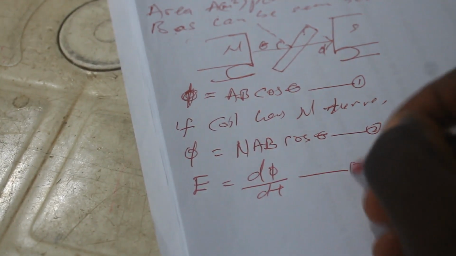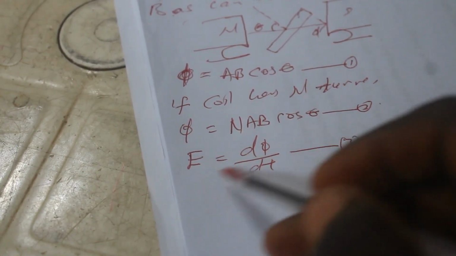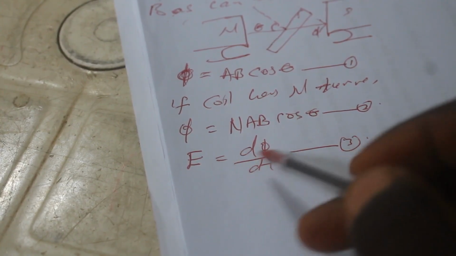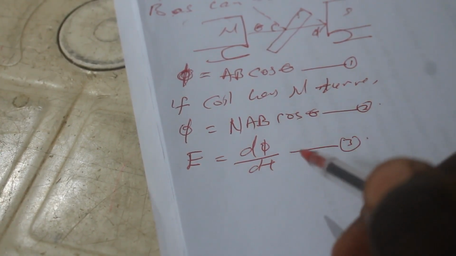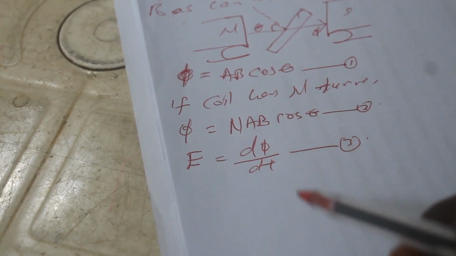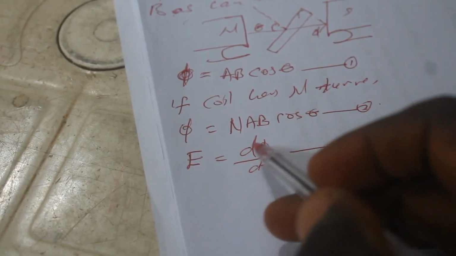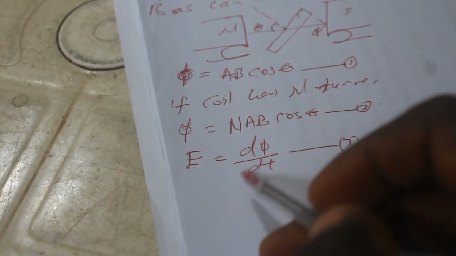Call this equation 3. So when you have a coil turning in a magnetic field, there will be an induced EMF in it, the magnitude of which is proportional to the change of the flux.